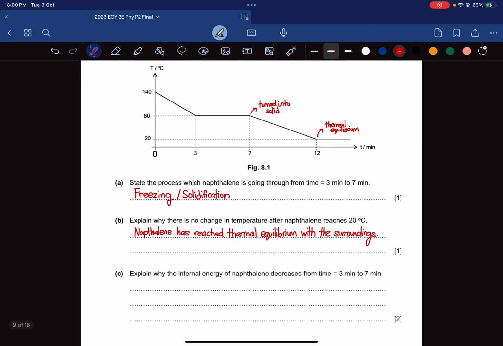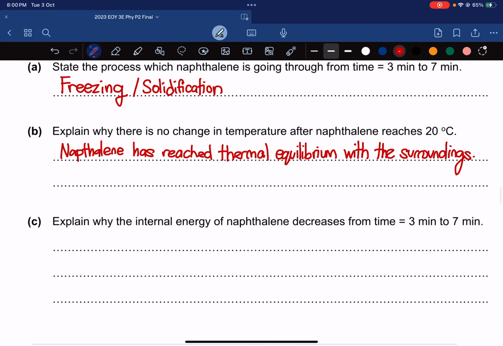Explain why the internal energy of naphthalene decreases from time equals 3 minutes to 7 minutes. As we have identified in part A, during this time interval, naphthalene is undergoing freezing.